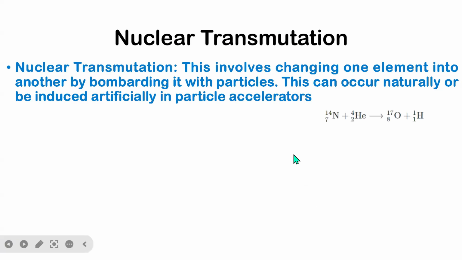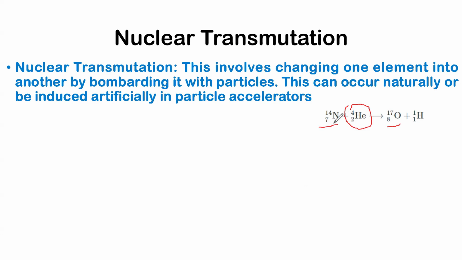For example, the first time that nuclear transmutation was conducted was by Ernest Rutherford. Of course, if you look at the nitrogen here, it has a stable nucleus, but Rutherford bombarded this nitrogen with helium particles, and once that happened, it became unstable.